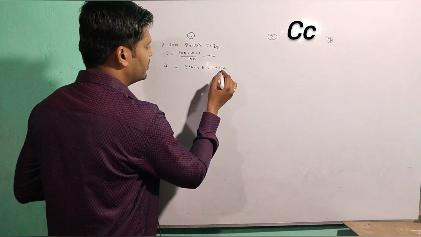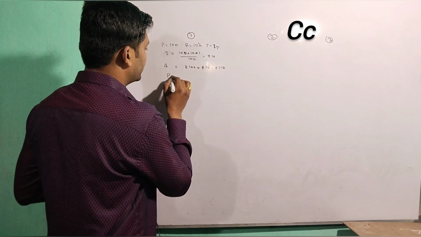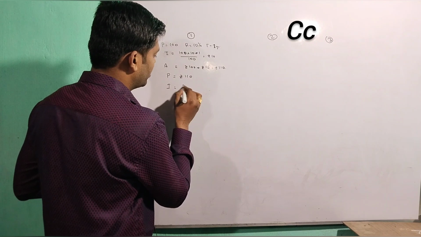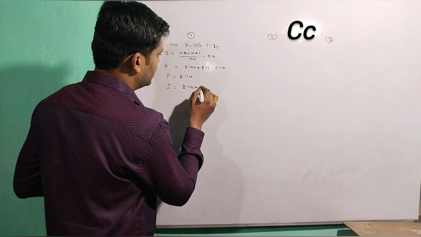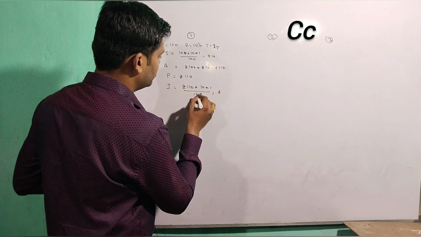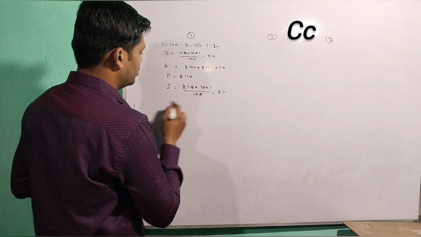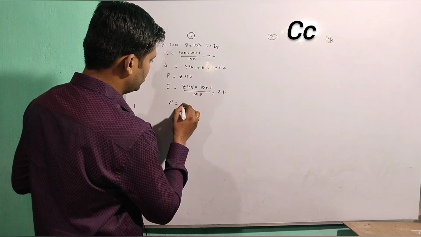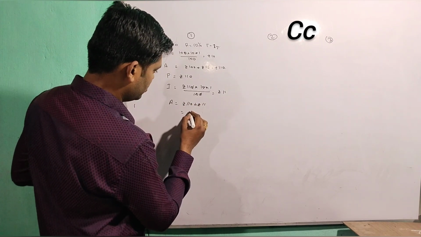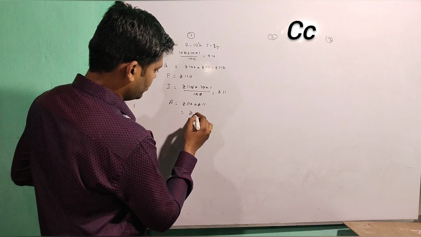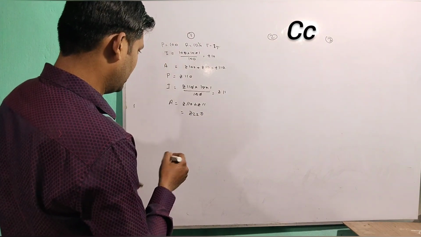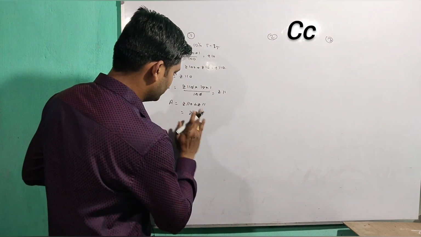If this is the amount for the first year, this will be the principal of the second year, 110. So interest for the second year is P into T into R by 100, so your answer will be 11. So the amount will be rupees 110 plus rupees 11, which is rupees 121.